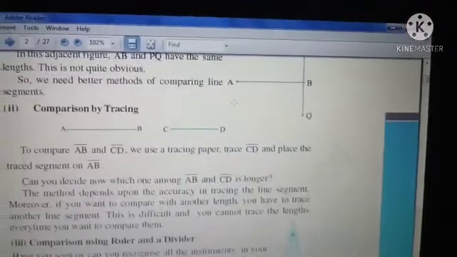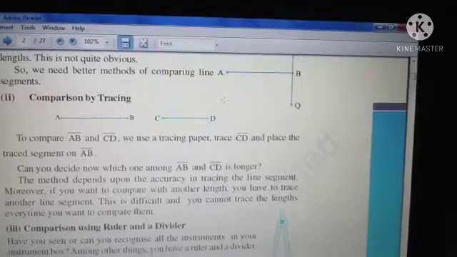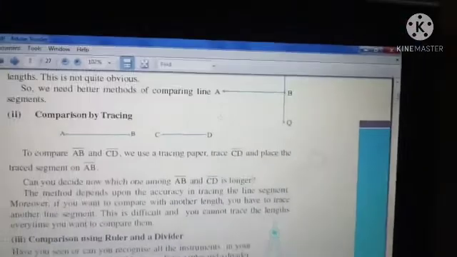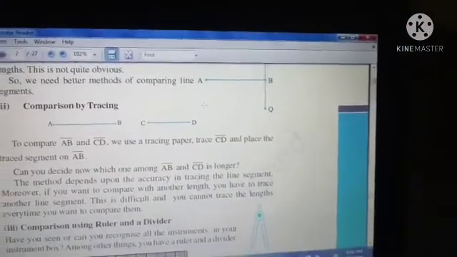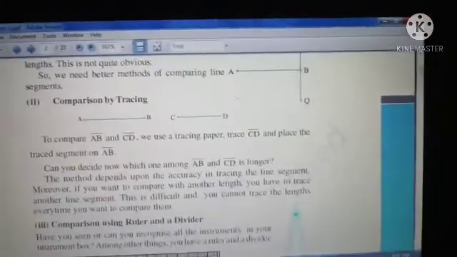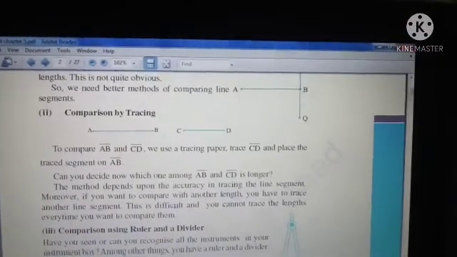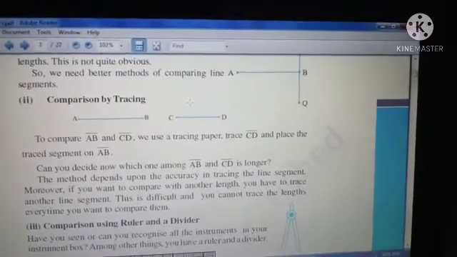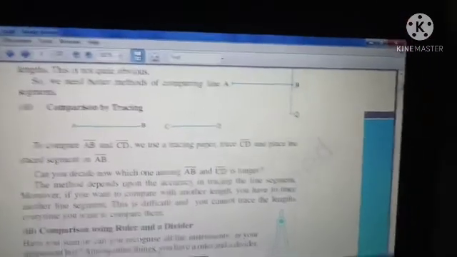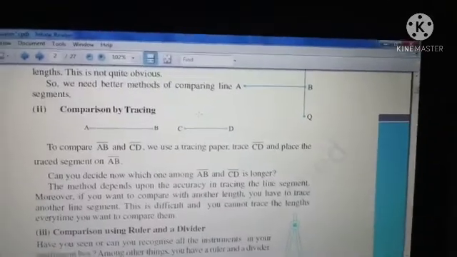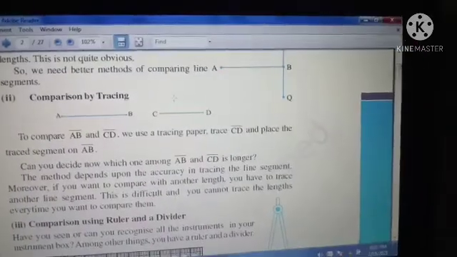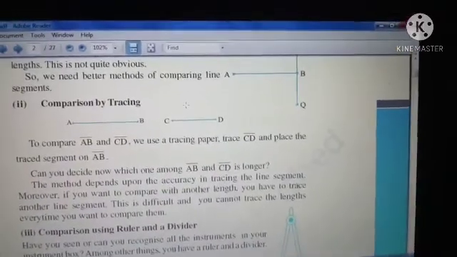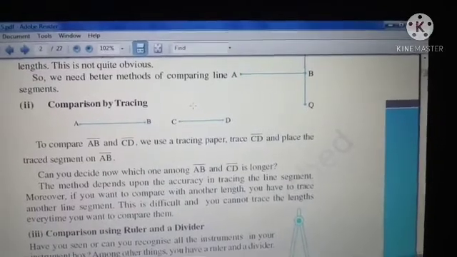Next, comparison by tracing. In the last case, one line segment was very big and the other was very small. By seeing itself, we can say which is bigger and which is smaller. But for some line segments, it is difficult to find with the naked eye whether it is greater or smaller.